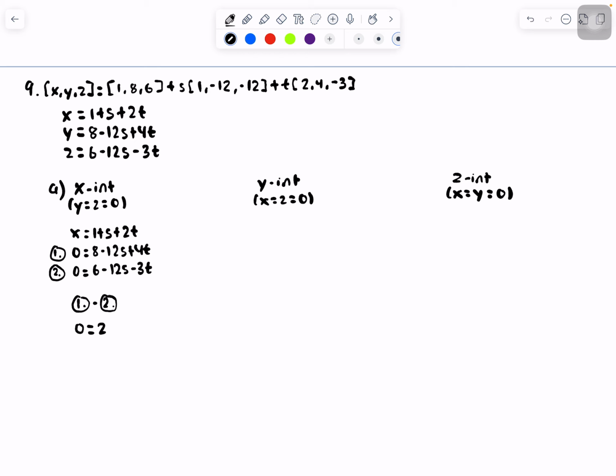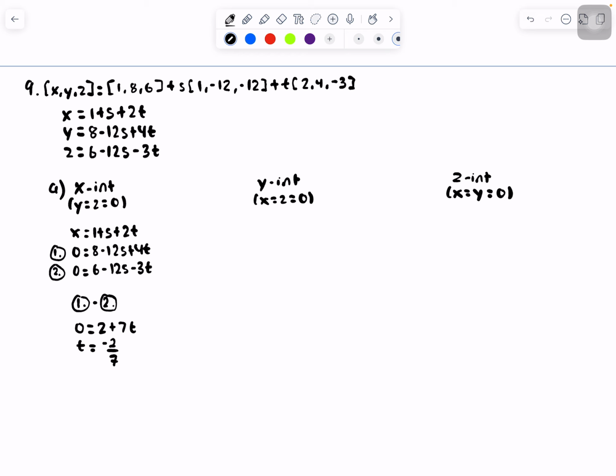Then it's going to be 4 minus negative 3. It's not just 4 minus 3, it's 4 minus negative 3. Remember that. So 2 plus 7t. So we get t equals minus 2 over 7. Keep your answers in exact form here.